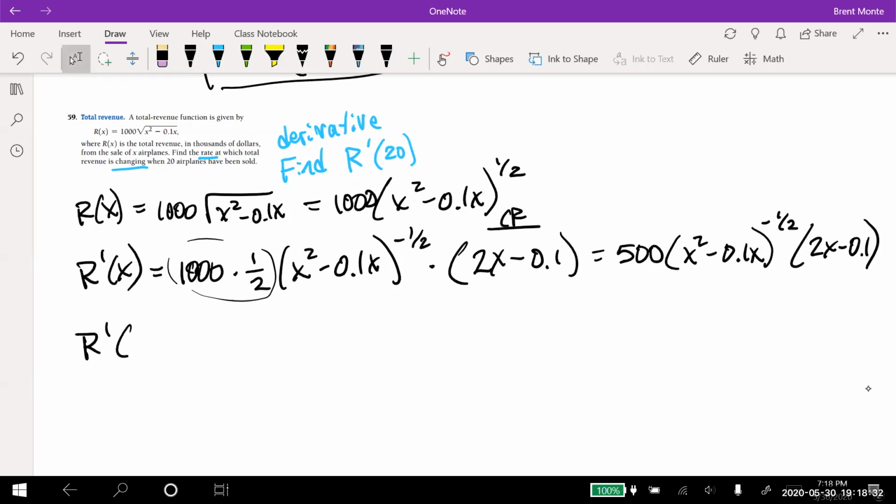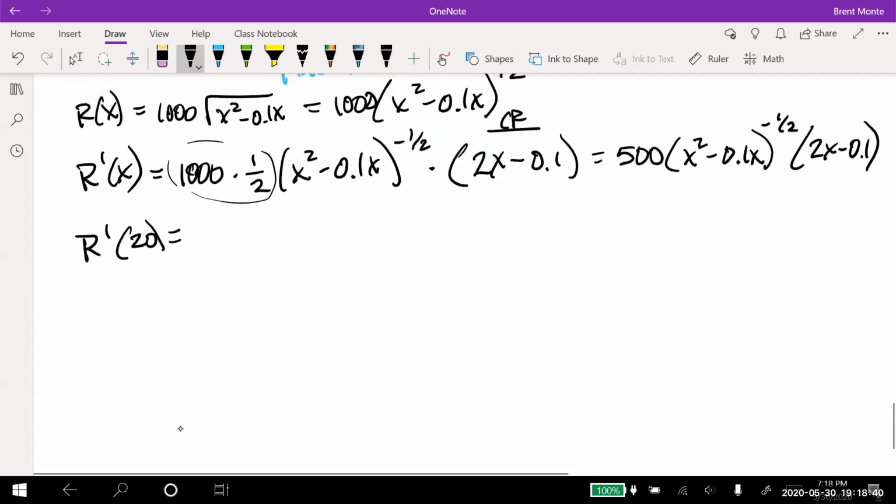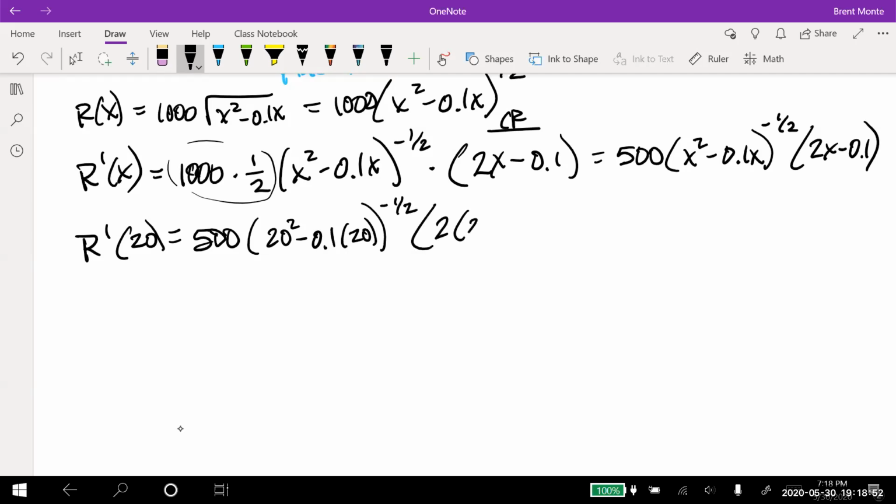So R prime of 20, now I just plug in 20 wherever you see an x. 500 times (20 squared minus 0.1 times 20) to the negative 1/2 power times (2 times 20 minus 0.1).